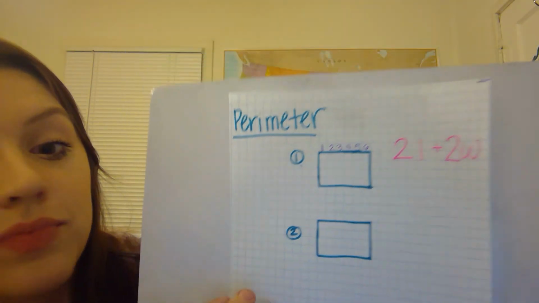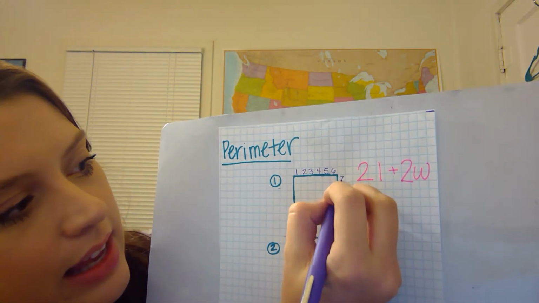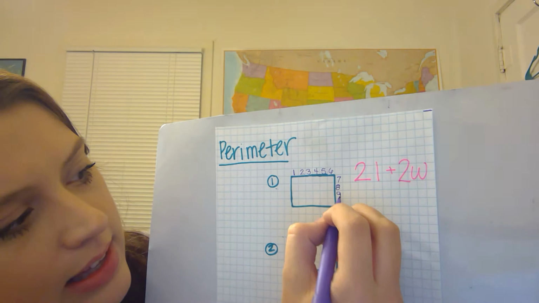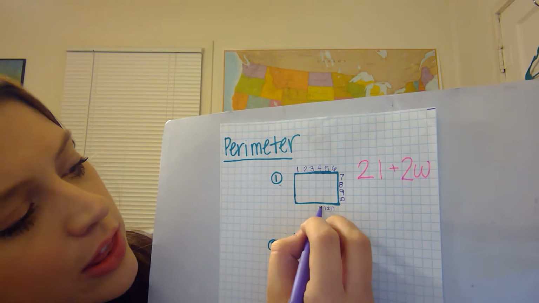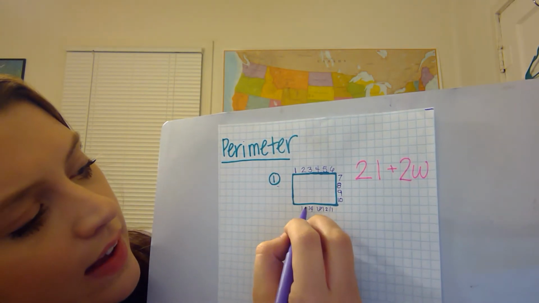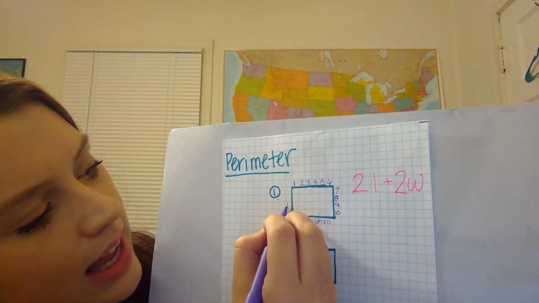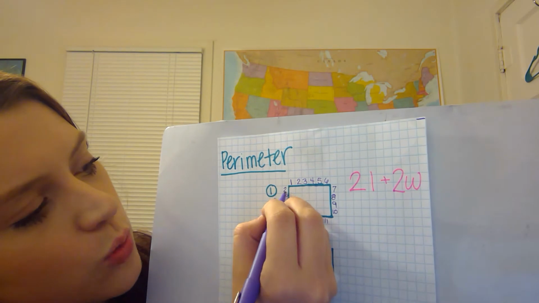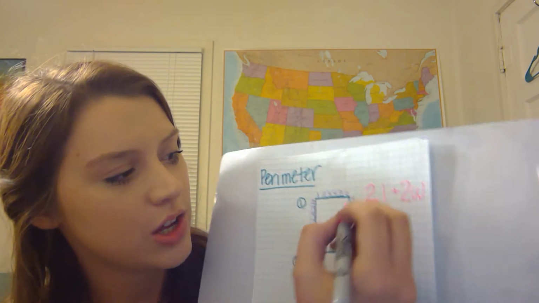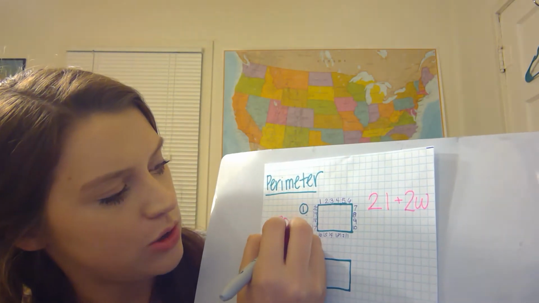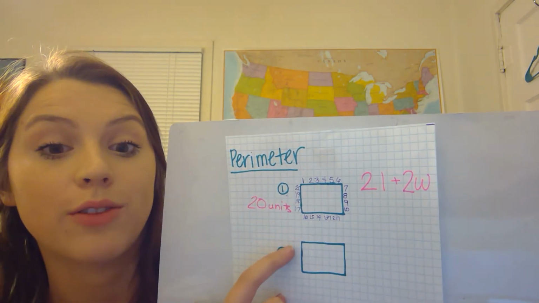Okay, now I'm going to keep counting down because we want to go all the way around. 6, 7, 8, 9, 10, 11, 12, 13, 14, 15, 16, still going, 17, 18, 19, 20. So my perimeter here is 20 units. Don't forget to add your units, 20 units, because that is how many is all around.